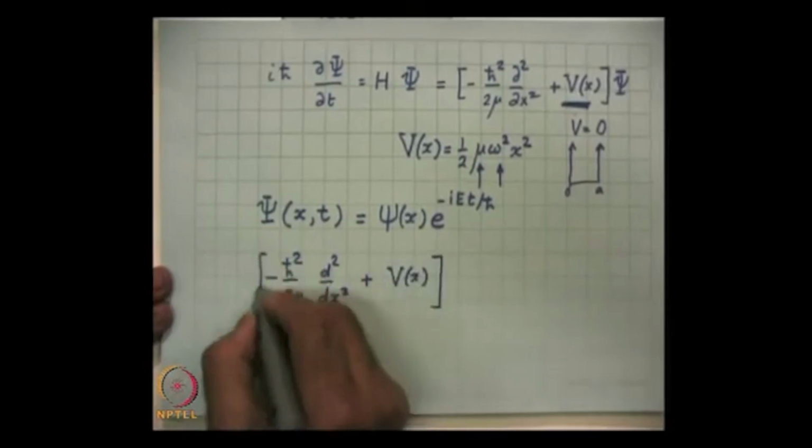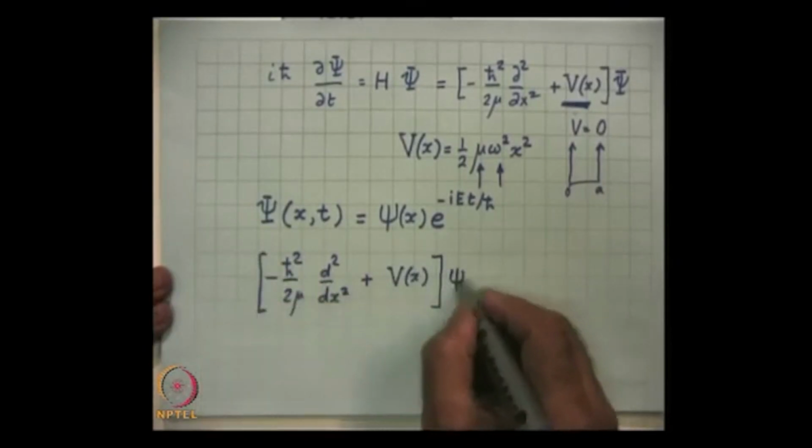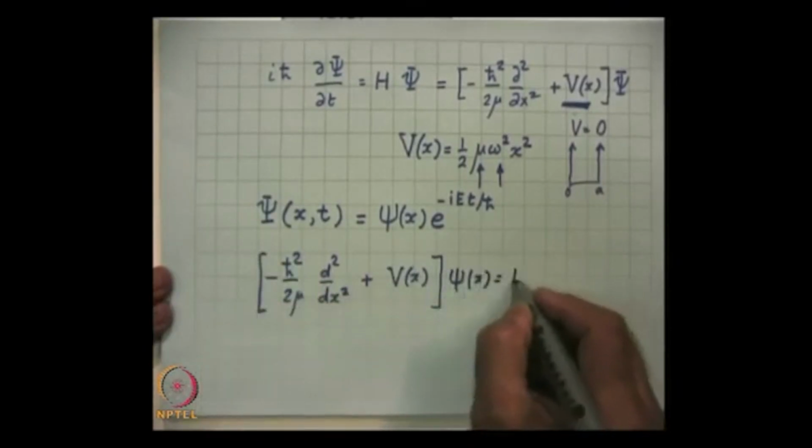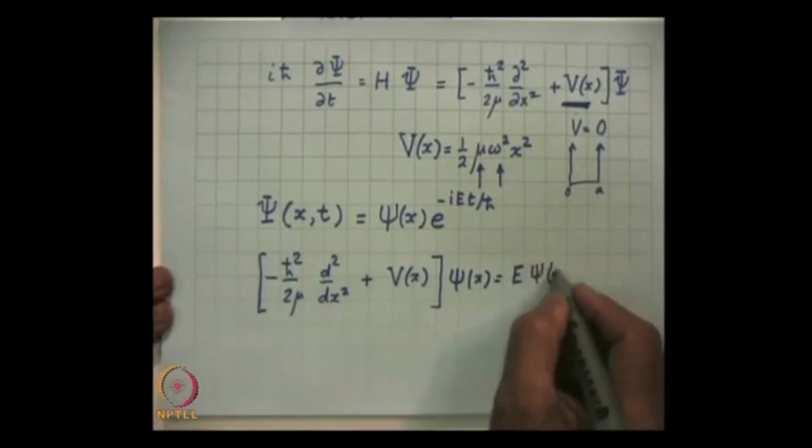This we had done even in our last lecture. Psi of x is equal to E times psi of x.